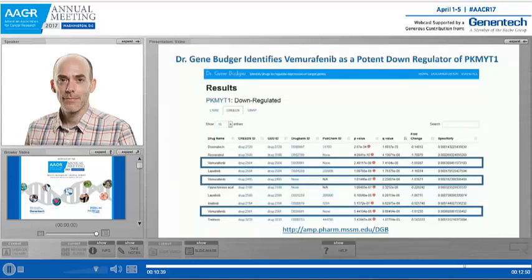So we also have our own collection from the public domain, and then we can compare it to the L1000 data. We got the same drug in both searches, and that gives us confidence that this drug is probably a potent downregulator. It's not necessarily targeting the kinase, but it's a potent downregulator of that kinase.